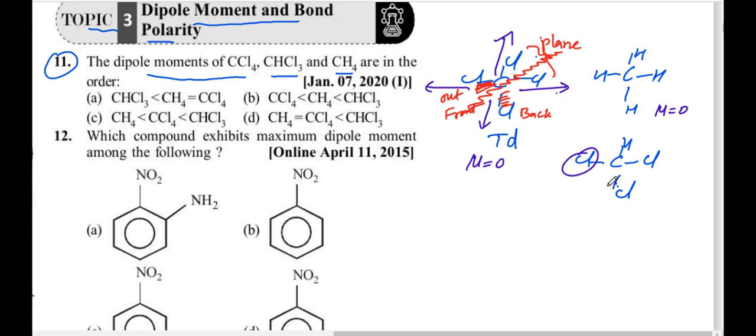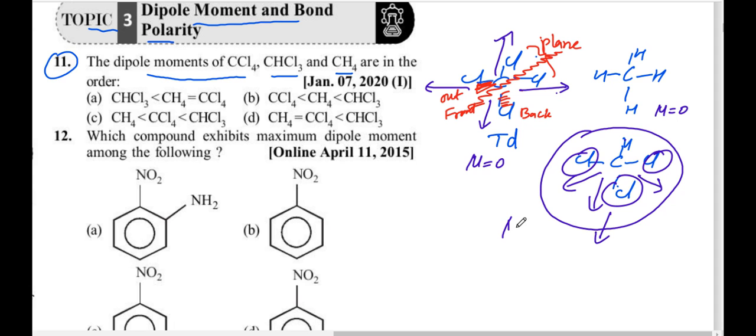See here, these three chlorines are pulling here and here and here, so the resultant is downside. This hydrogen cannot pull, so the resultant has polarity. Mu is not equal to 0, that means it is polar. So CCl4 is 0, CH4 is also 0, and CHCl3 is not equal to 0.